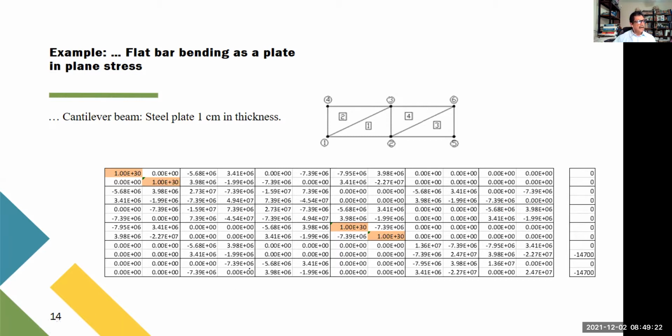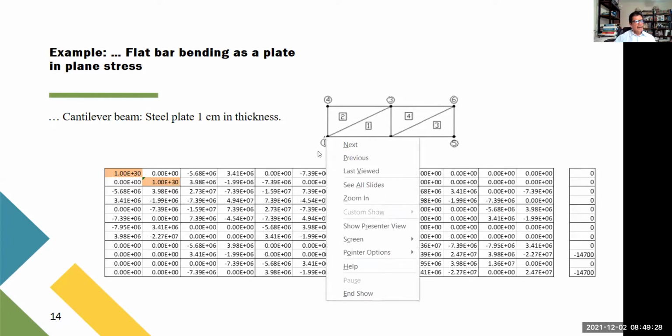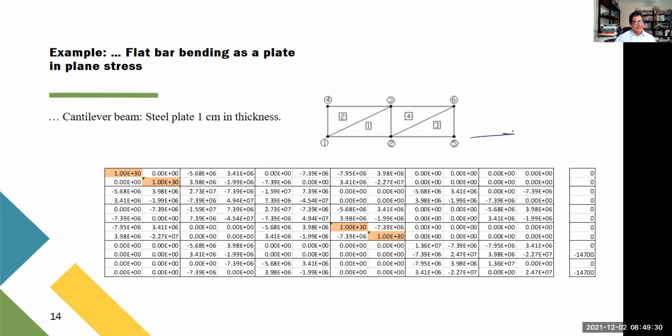So we can identify then that joint 1 cannot move. Of course, this is X direction, this is Y direction. So joint 1 cannot move in either direction. Same for joint 4. So this is 1, this is 4.